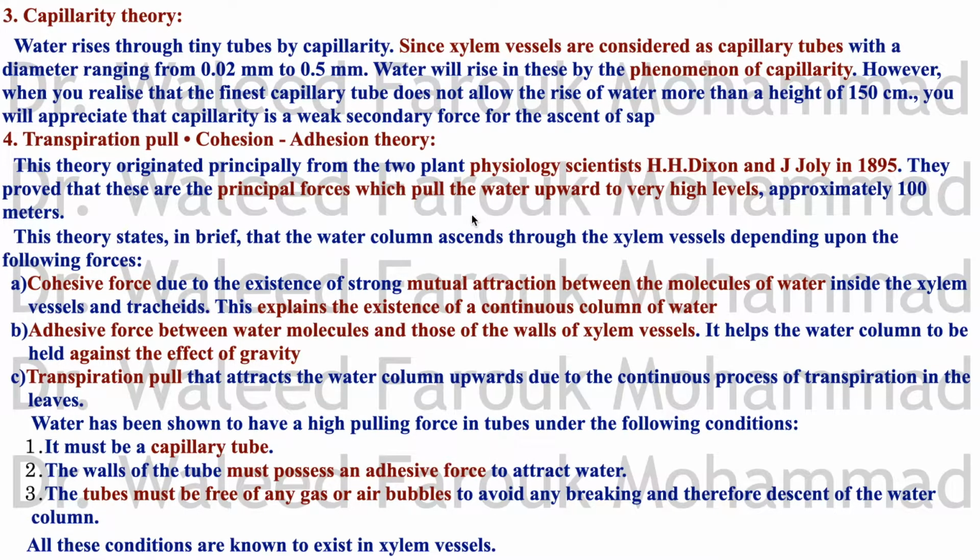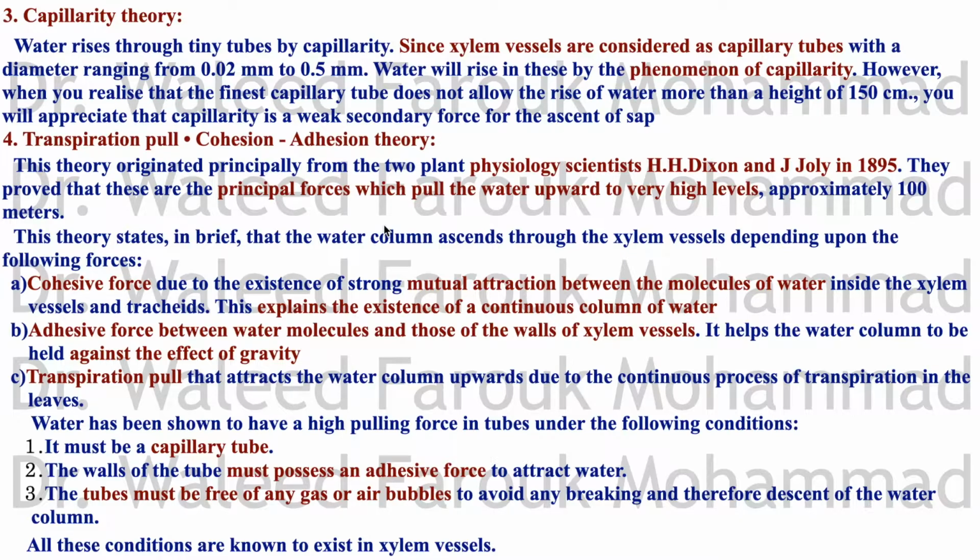The final theory, which is the more convincing and is used now, is the transpiration pull cohesion adhesion theory. Transpiration pull means water is continuously evaporating from the leaves. This makes the water inside them more concentrated, and this makes a drag on the water below.